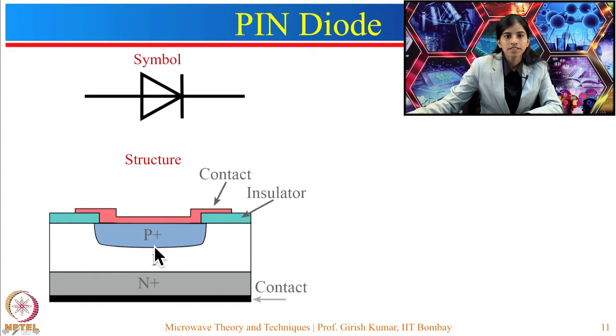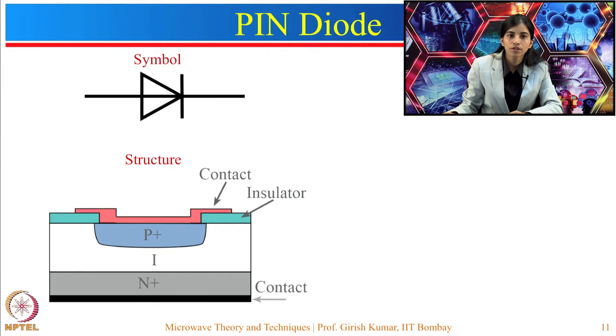If I connect this diode in forward bias, then with increase in forward bias voltage, first the recombination of electrons and holes will take place in the intrinsic region. After that the recombination will take place in the P and N region. So, the resistance of the diode will vary, and in forward bias it will act like a variable resistor.